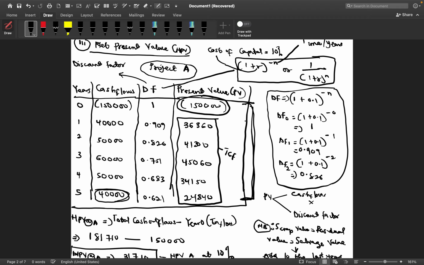Why are we using present value for discounted payback period? I would also ask you, how did we get a present value? I multiplied the discount factor by cash flows, and I was able to get the present values.